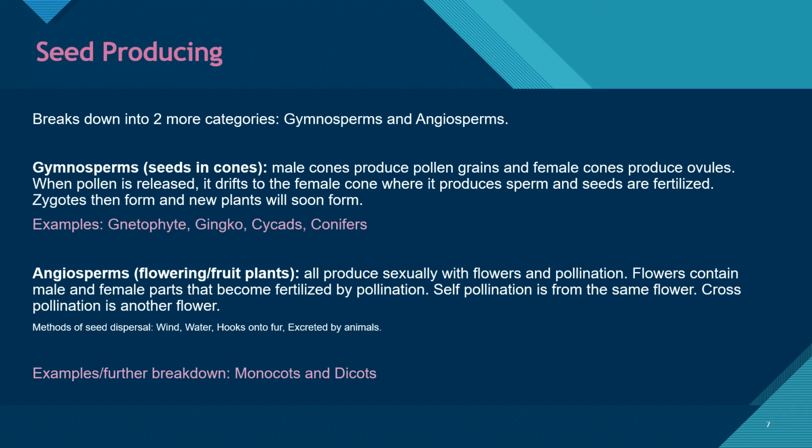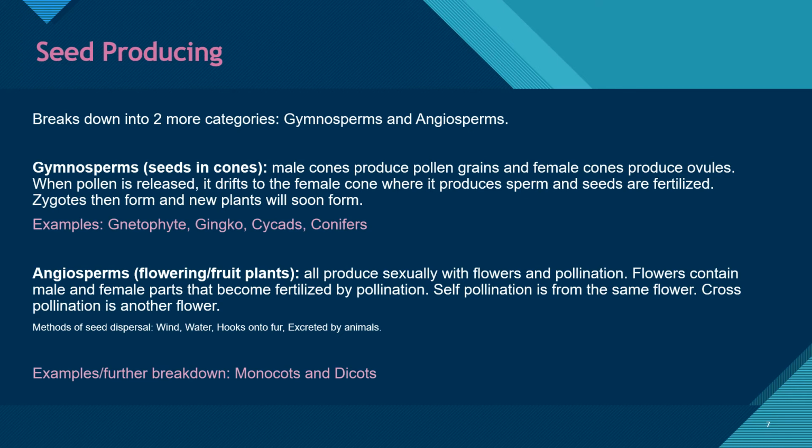Once it's attracted to the nectar, it picks up little pieces of pollen, and it can place those pieces of pollen on another part of the plant itself or another plant altogether. So those are the two ways: self-pollination, which is the same flower, and cross-pollination, which is another flower. Cross-pollination is very important for genetic diversity because then we get all sorts of different types of plants.